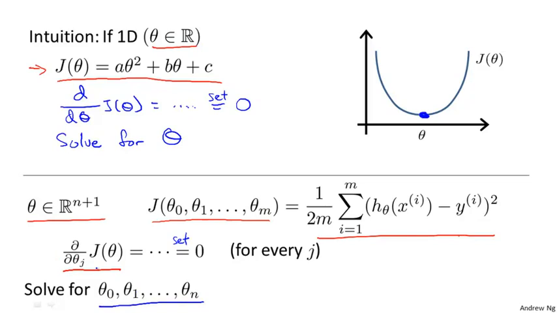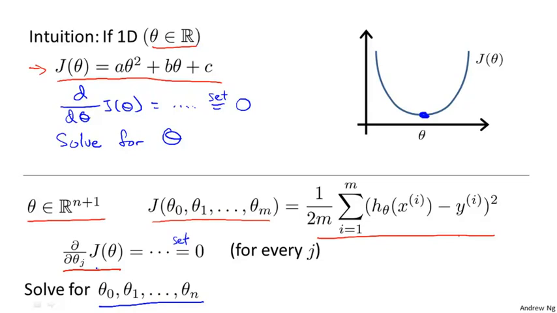If you actually work through the calculus and work through the solution to the parameters theta 0 through theta n, the derivation ends up being somewhat involved. And what I'm going to do in this video is to not go through the derivation, which is kind of long and kind of involved.